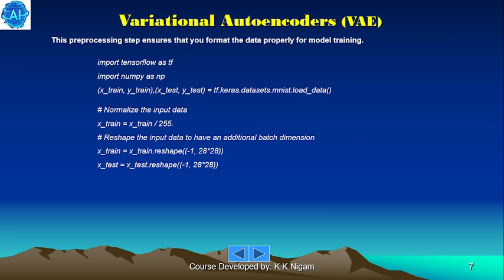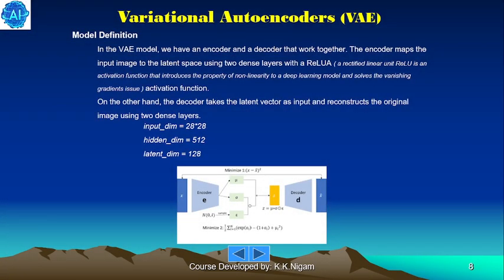Then normalization: x_train is equal to x_train divided by 255, and reshape the input data to have an additional batch dimension. Then you get x_train is equal to, again a formula which is to be applied, and this way you get the pre-processing step.